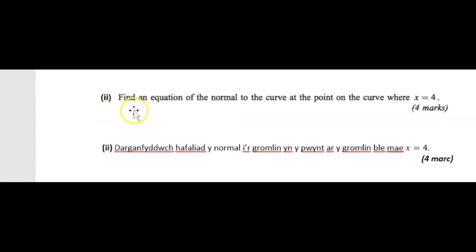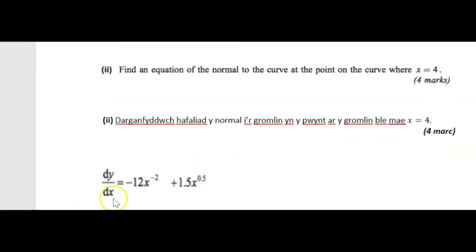Part B2, find an equation of the normal to the curve at the point on the curve where x is equal to 4. So we want to find the equation of the normal to the curve, but we know the gradient of the curve. We found the gradient of the curve is given by minus 12 x to the minus 2 plus 1.5 x to the 0.5.